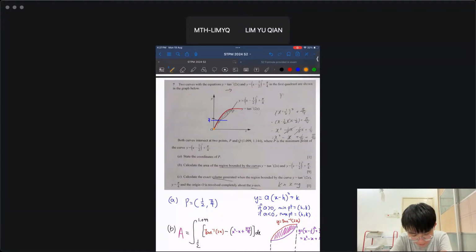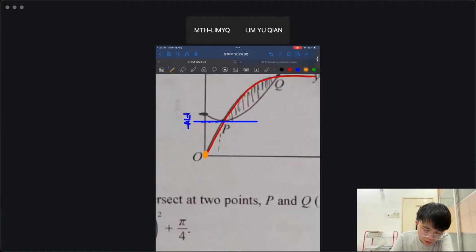Region bounded by. What happened to this origin? It's revolved completely about the y-axis. Most probably this one, right?